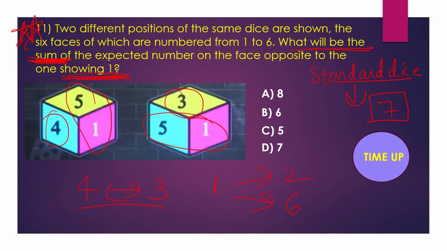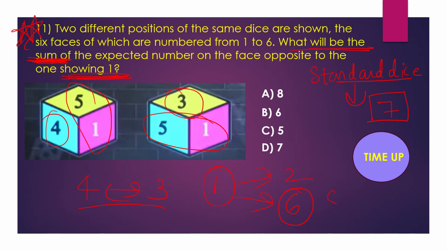So what number should I add with 1 so that I can get the sum as 7? If I add 1 with 2, I'll not get 7. But if I add 1 with 6, I'll get 7. So when I add 1 with 6, I'll get the sum as 7.